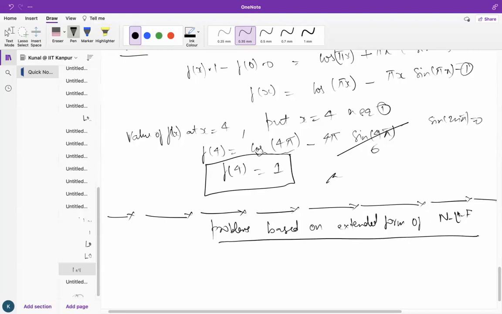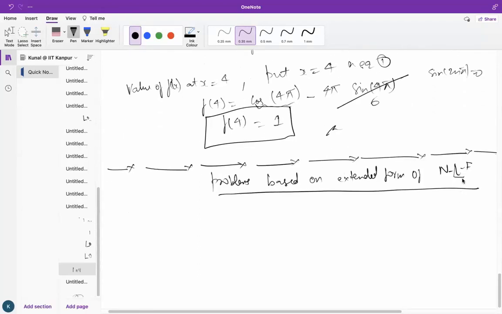Newton-Leibniz formula. I hope you understand this abbreviation as well. So let me write the problem.